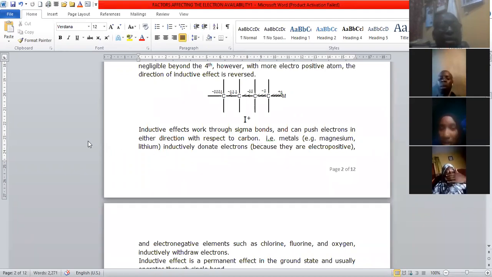Yes, sir. But sir, can you please give illustrations for field effect like you did for inductive effect?